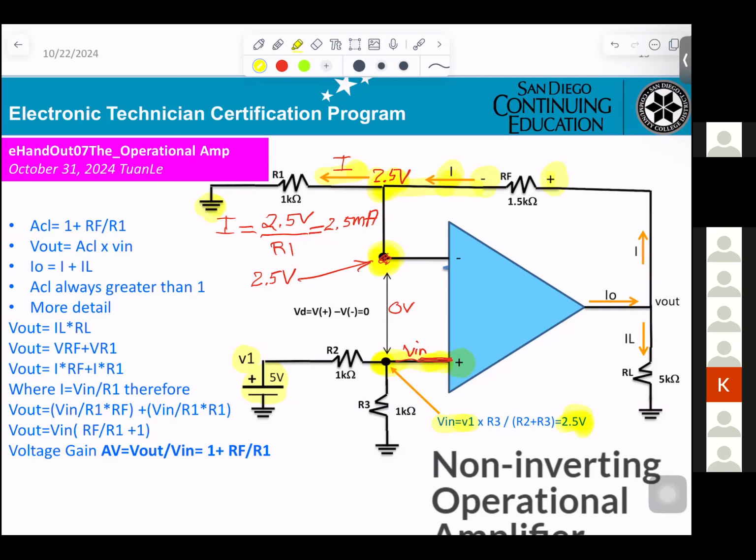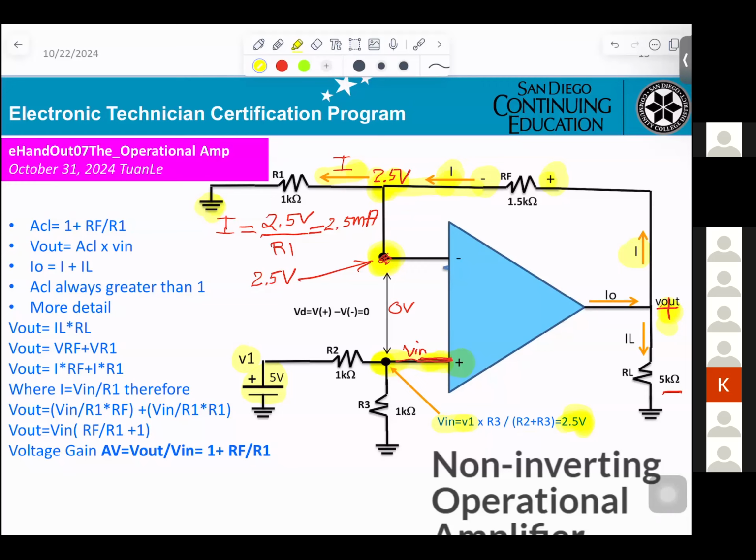So the current I is still current I here. At the output of the op amp, you can see there will be positive here and negative here. The thing is, this is positive, so that has to be positive. This is just a wire. So where does that current I come out?